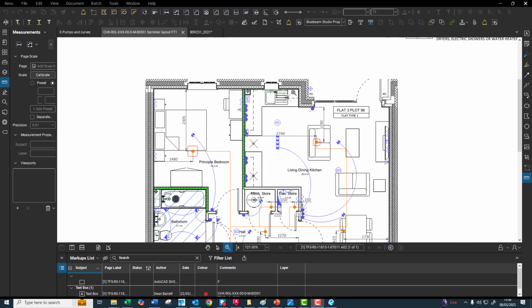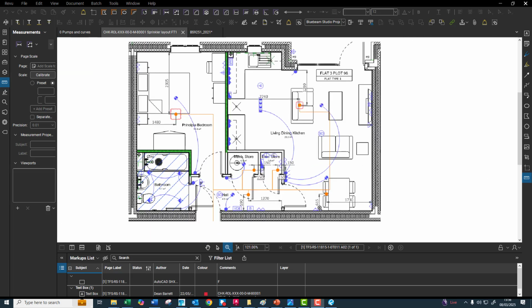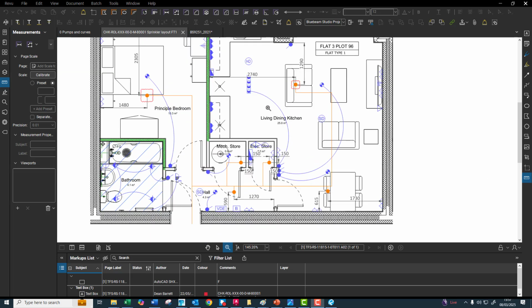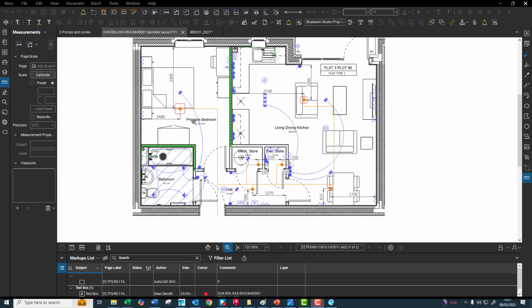As you can see, there's a lounge diner, and there's a head there, and there's a head there. I would tend to put a little bit more there, but they haven't, and it complies position-wise. There's a principal bedroom, and again, nowhere close to being central, but basically that's the distance, 2.3.